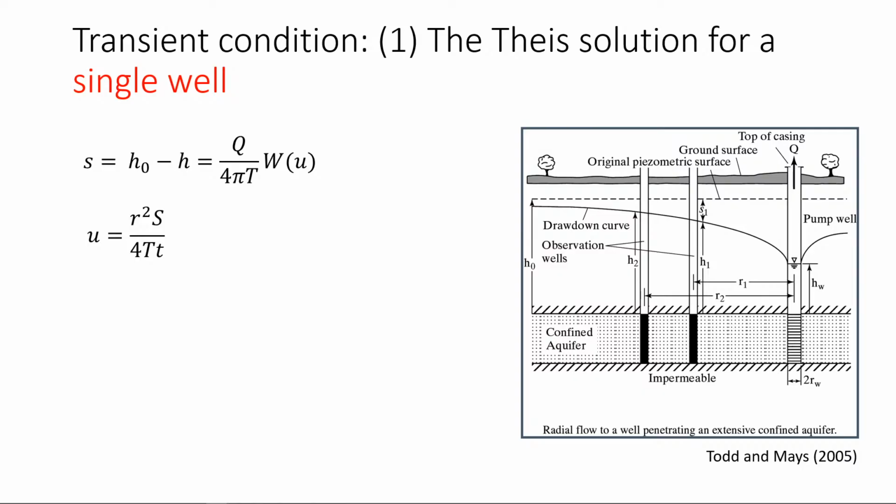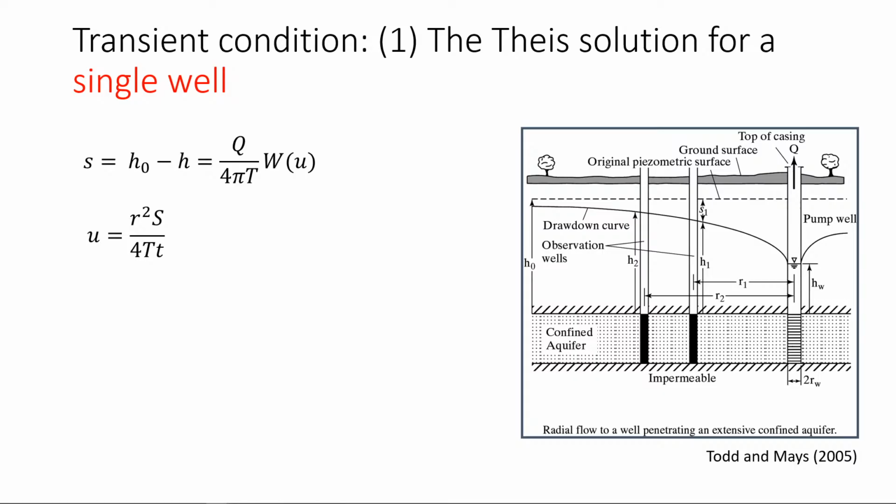At infinite r, the head is known, so at my boundary I have a constant head. And here at my well, I'm just pumping this water out. That's what the Theis solution is for.